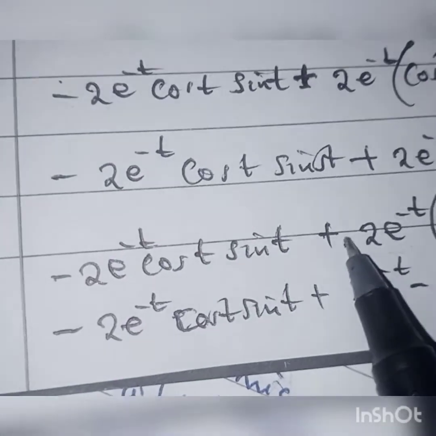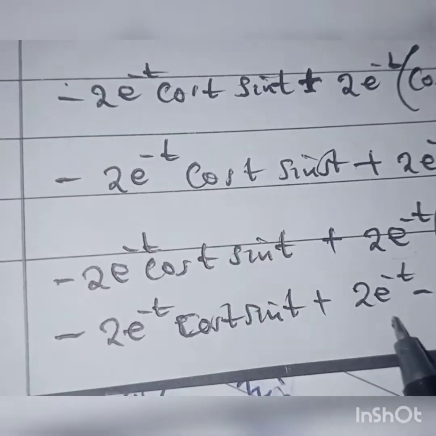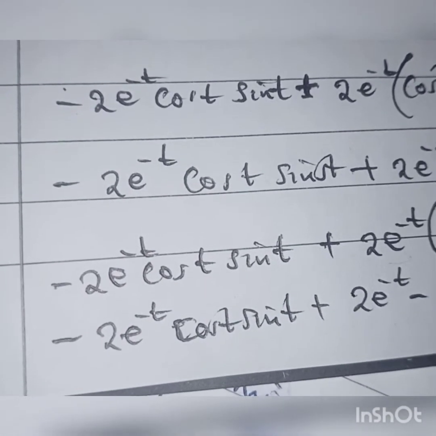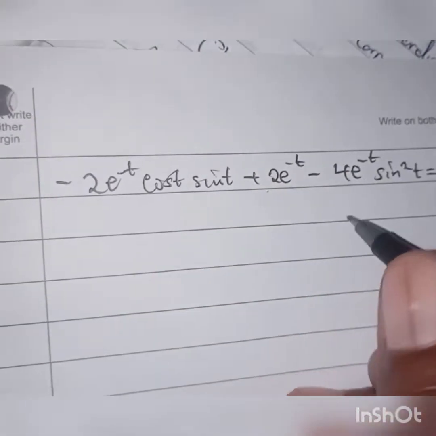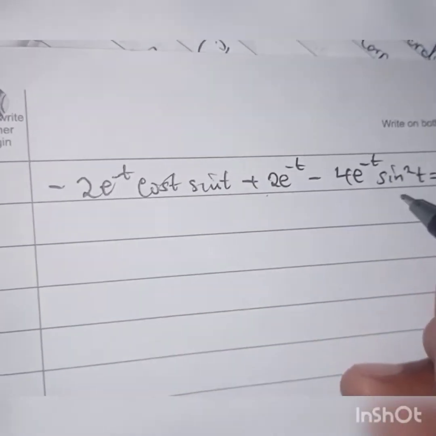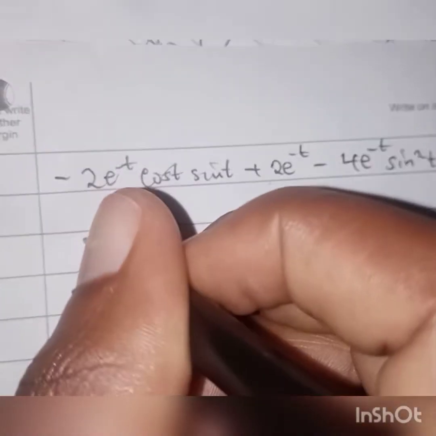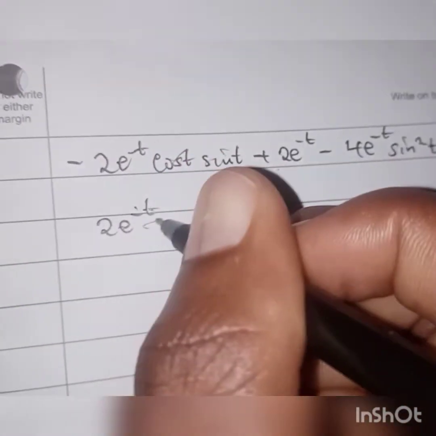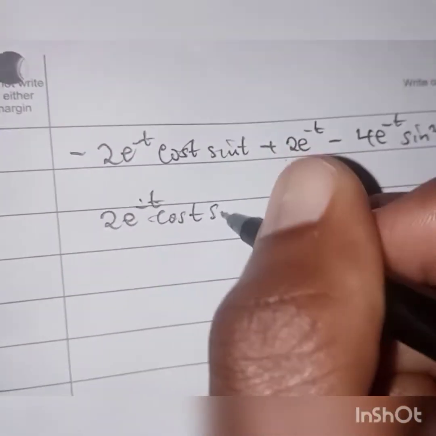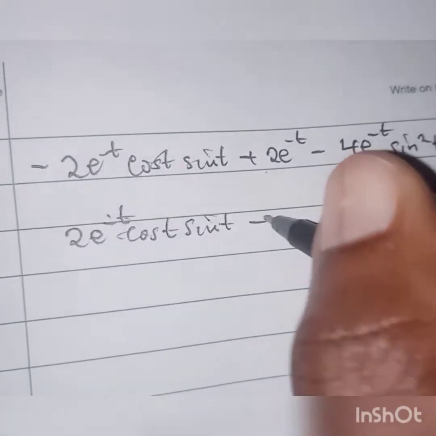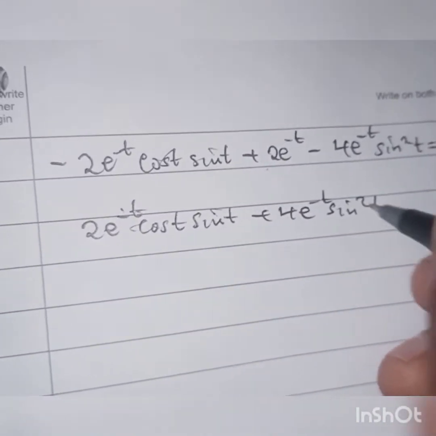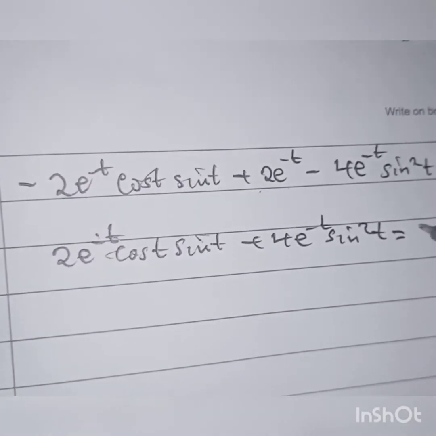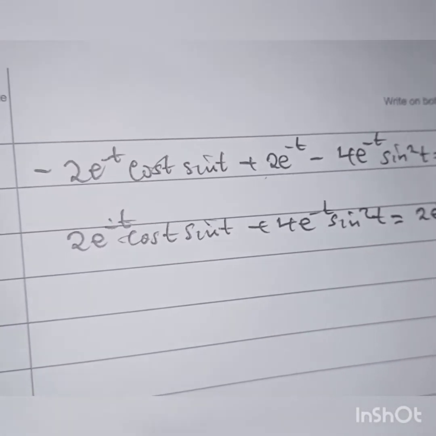So we have to take this one to the other side of 0. Taking 2e raised to minus t to the other side, this will be 2e raised to minus t cos t sin t plus 4e raised to minus t sin squared of t equals 2e raised to minus t.